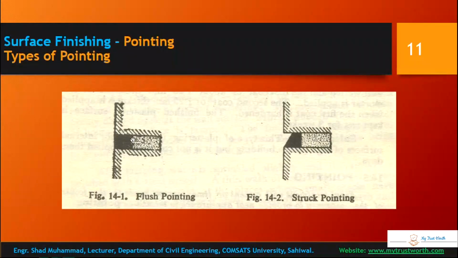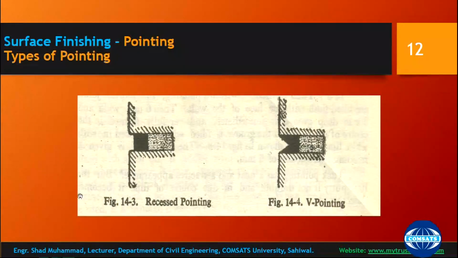Just look at this: this is your mortar, and this is brick, and this is brick, and in between, this square type is known as flush pointing, and this is struck pointing, and you can see that this is recessed pointing. These figures are taken from a book, and they are labeled according to them. Anyhow, V pointing, V-shaped pointing.